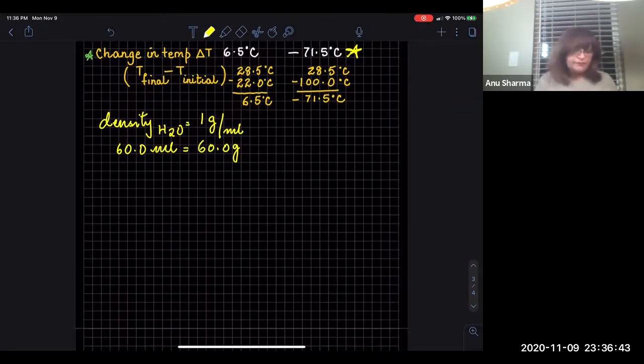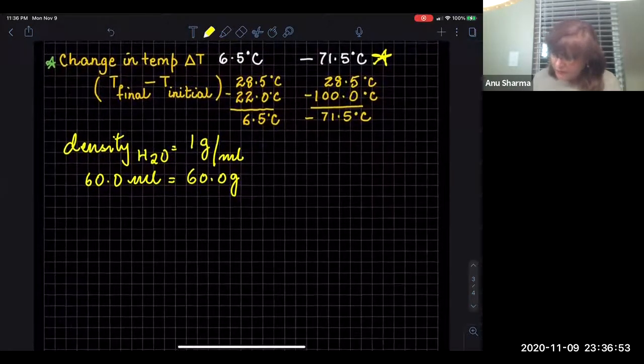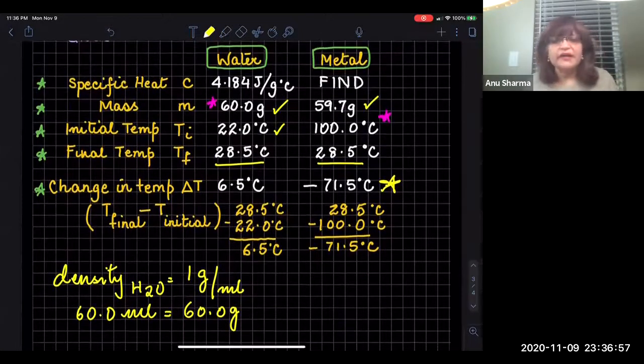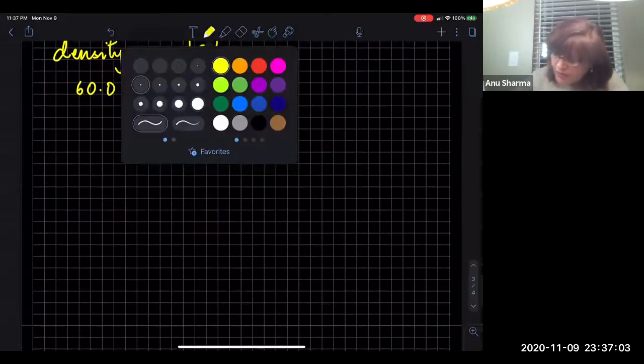Now here's the thing. I have looked into these problems in the way they are explained in the book, and it can be confusing, especially with those negative signs, you know, it can create a mess. So we are going to avoid that, and let's write down our formula first.